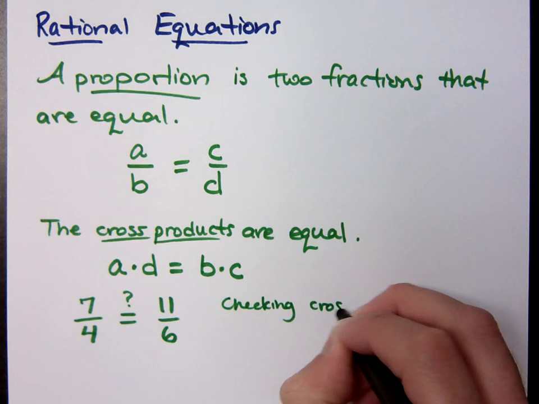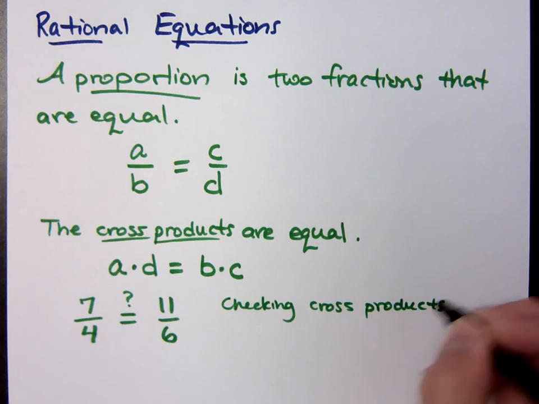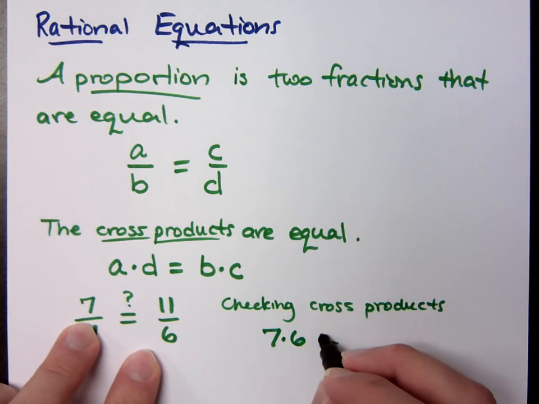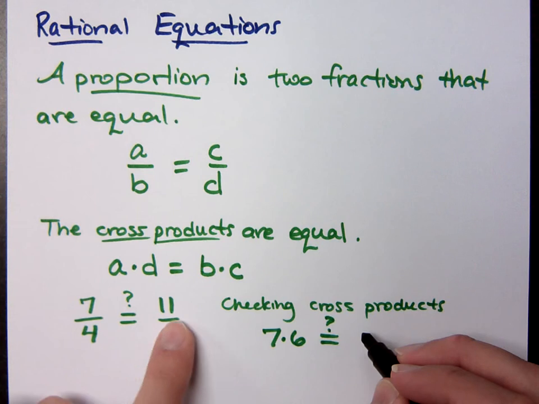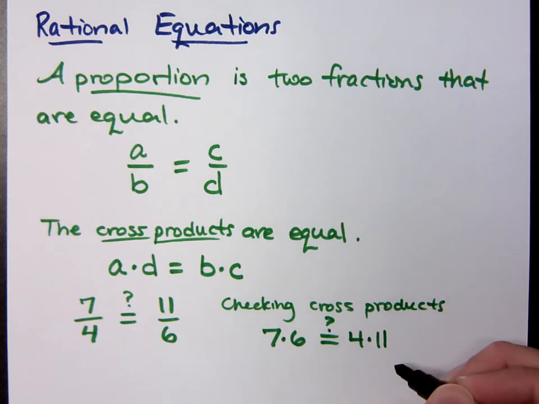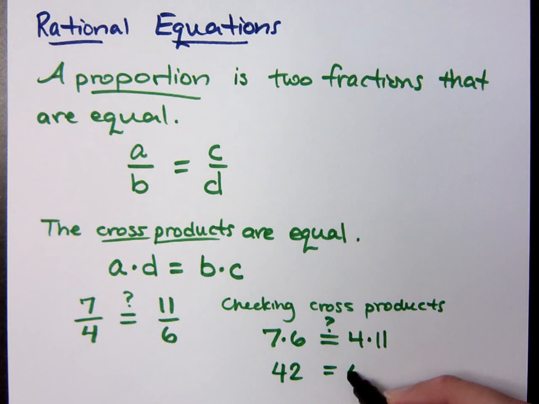So checking the cross products, I want to check this. Is 7 times 6 equal to 4 times 11? Is that true? No, because we get 42 and 44. So since the cross products are not equal, you wouldn't have a proportion. Okay, so that's what we mean by cross products.